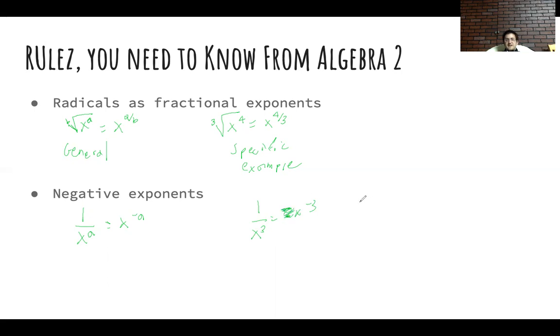And if I had 2 over x to the 5th, this would be equal to 2x to the negative 5th. The reason we can say that is that this is actually 2 times 1 over x to the 5th, and that gets you your 2x to the negative 5th.